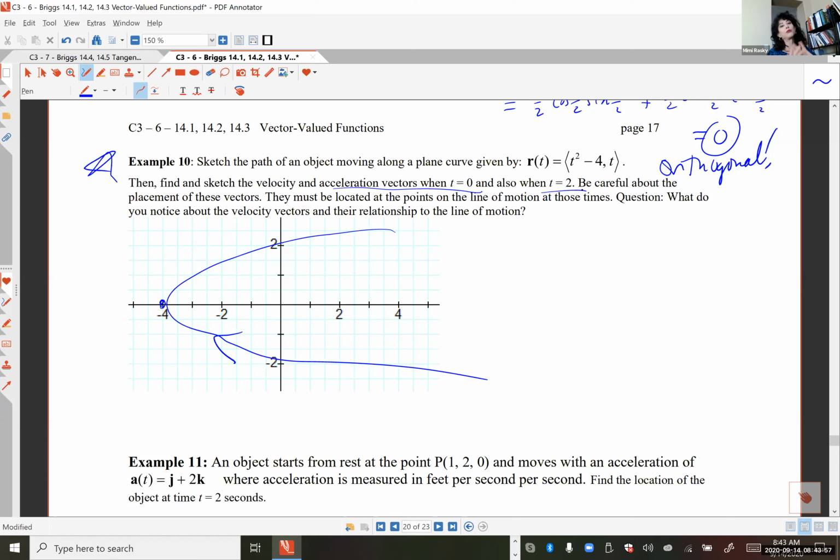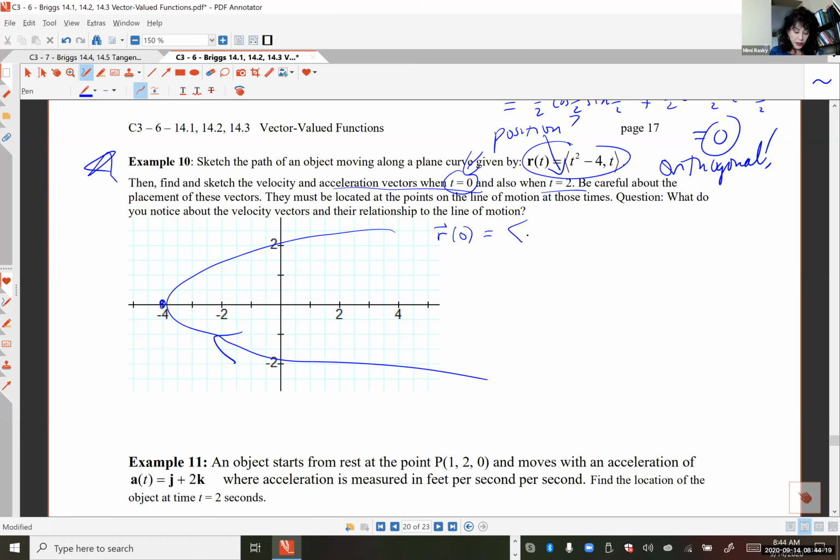So the first thing I'm going to do before I find velocity and before I find acceleration is what is the position at these 2 points? I get that the time is 0 or the time is 2 seconds, but what's the position? You use the position function that they gave you. So that will give you the coordinates of your position.